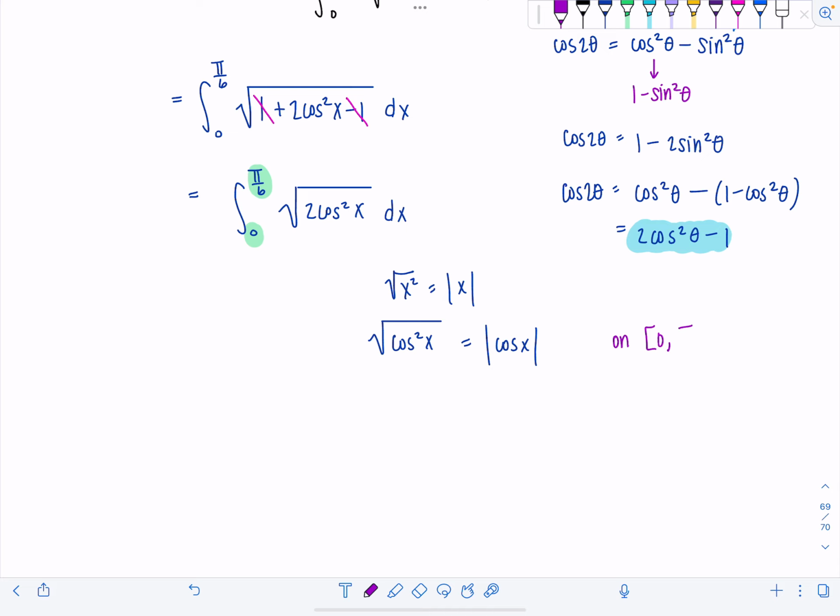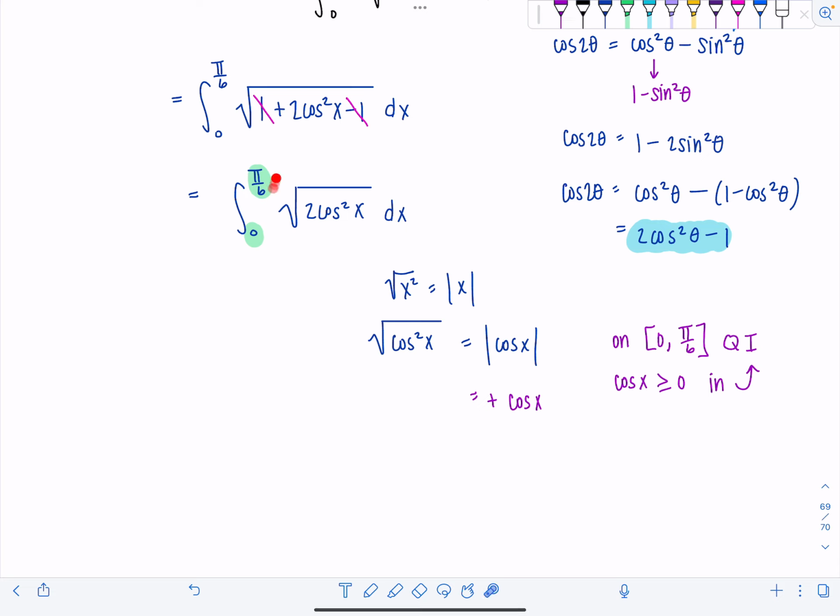So on 0 to pi over 6, we are in quadrant 1, and cosine of x is positive in quadrant 1. Therefore, I don't have to worry about splitting up my integral or changing the sign. The absolute value of cosine x is just going to equal positive cosine x in quadrant 1.